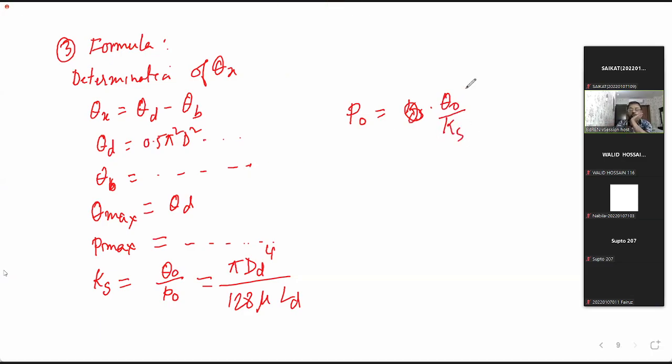Now Ks is known to us, but Q0 is not known to us. How to calculate the Q0?